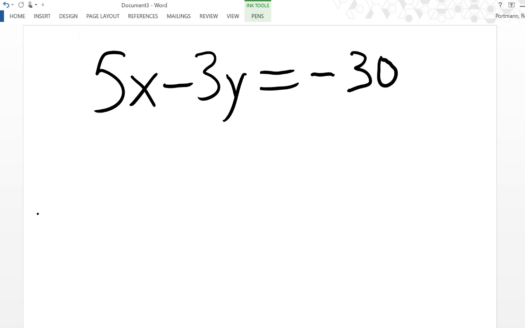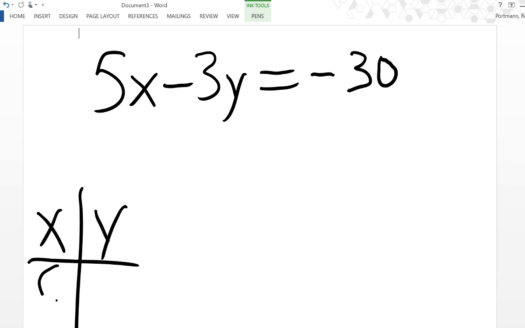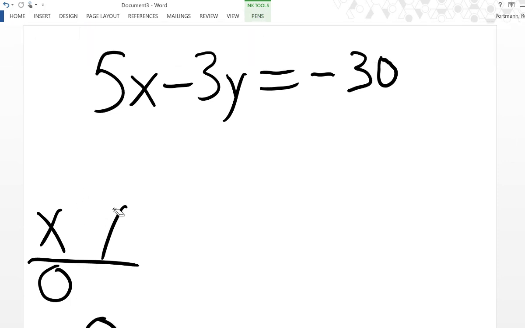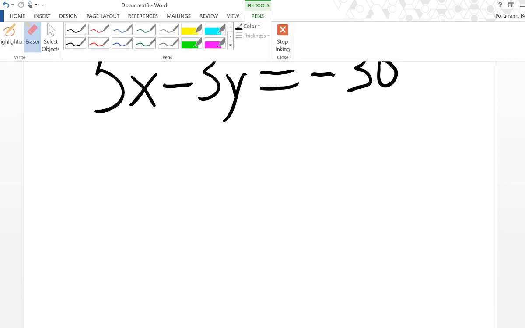This is where we start. We're going to do our xy table, always. We're going to put a 0 here and a 0 here. And we're going to figure out when x is 0, what is y? We're going to figure out this number down here. And when y is 0, what is x? So here's our graph right here. We're going to put the graph over here, and we're just going to be plotting 2 points, okay?